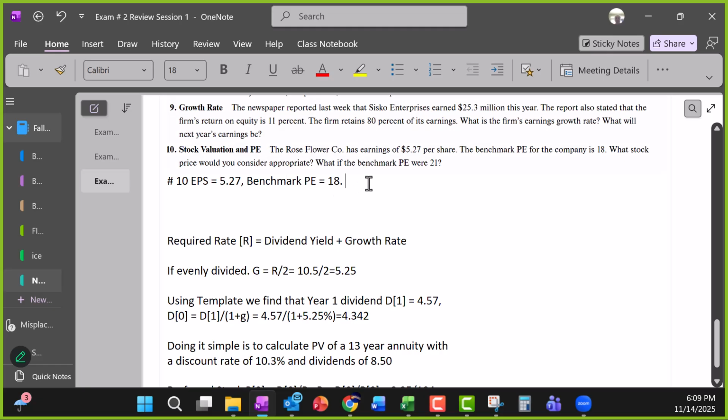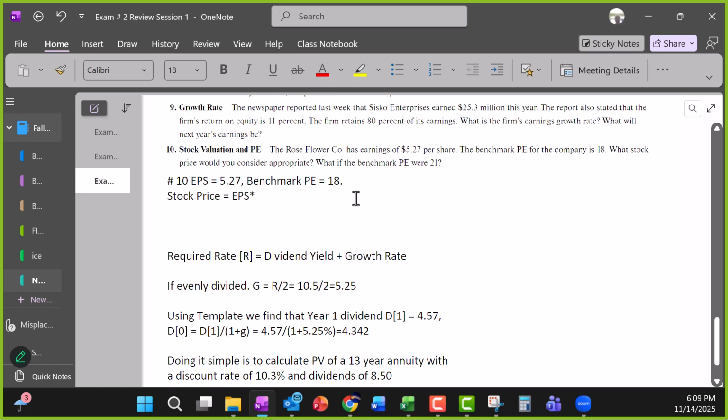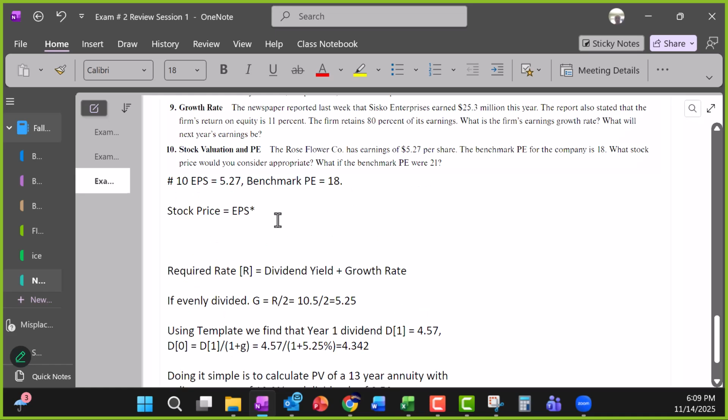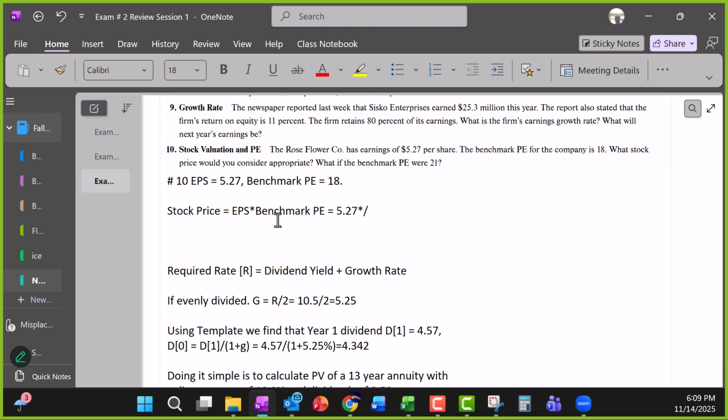Basically, stock price should be such that EPS times benchmark PE. So in this case, 527 times 18, 94.86. In fact, if that is the price and you calculated the PE, it will give you 18.